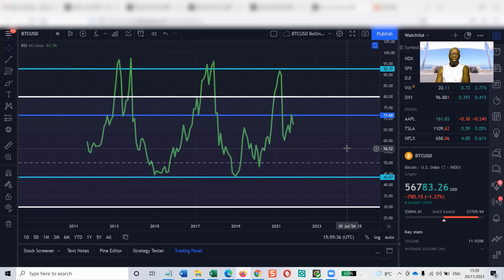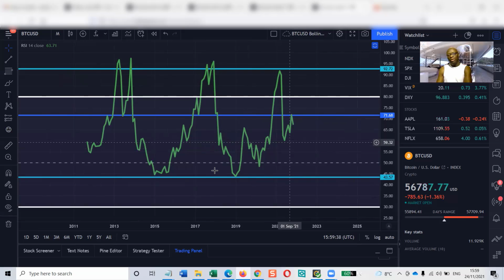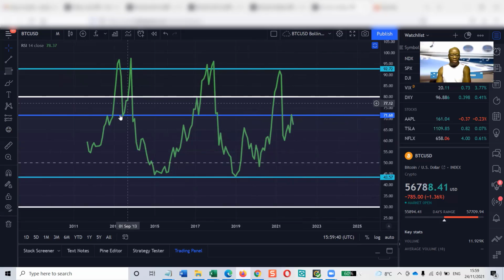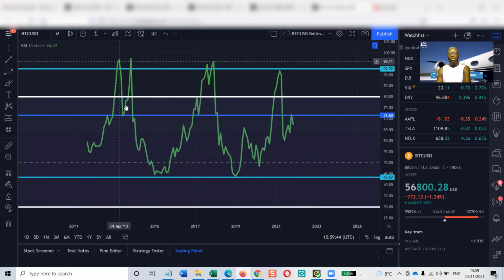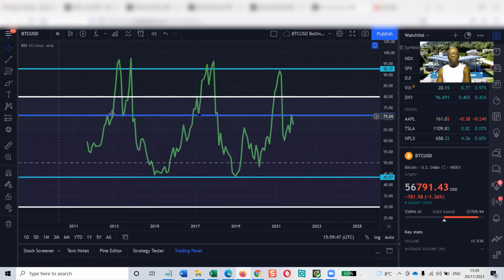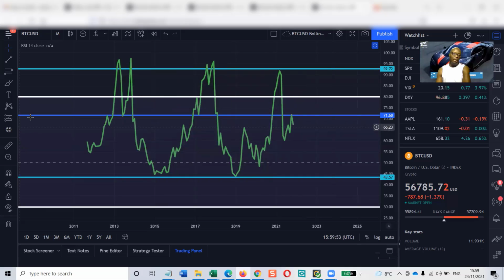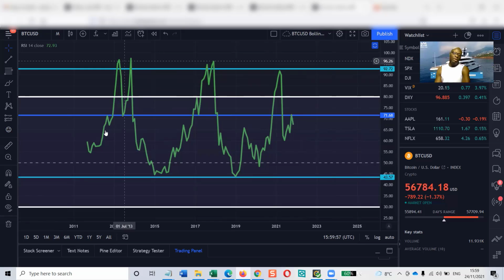Looking at each of the last cycles, the last two cycles, shall we say, had two humps. The blue line is what they had to get above, the 76.68 line, and it served as both support and resistance.